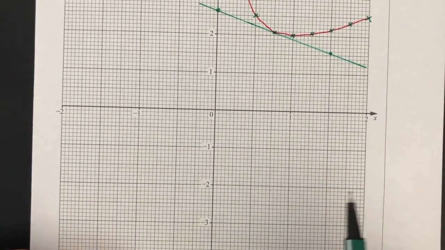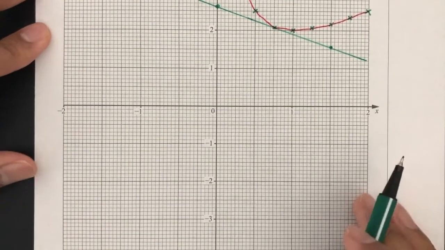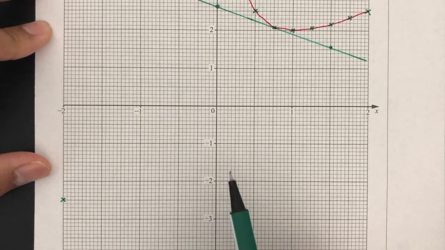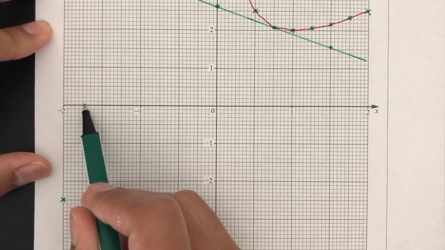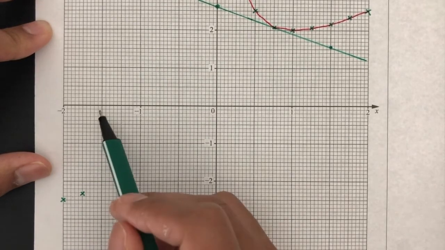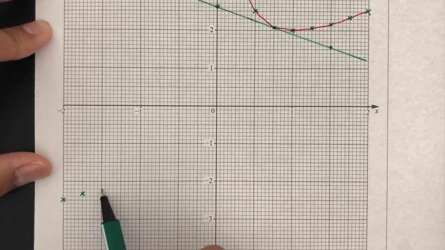First one will be minus 2. Minus 2.5 will be right here. Then we have minus 1.75, and that will be minus 2.32. 2.3 will be about here. Then we have minus 1.5, minus 2.17.